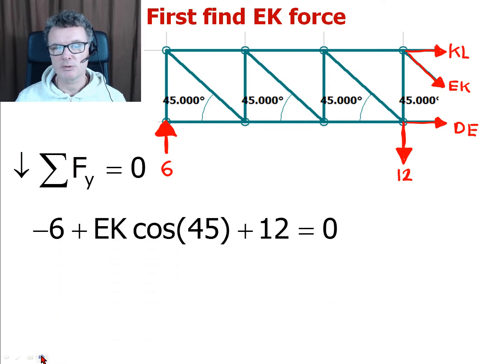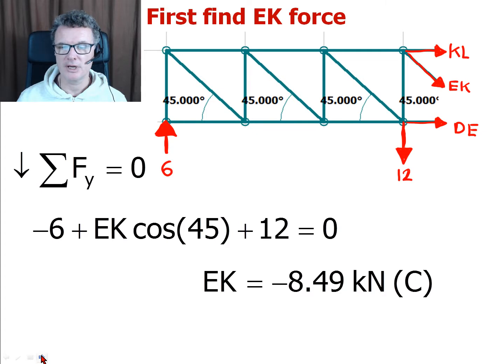Since the 6 is pointing upwards, and I've defined downwards as the positive, that gives us a -6. EK needs to be multiplied by cos 45 because it's swinging through 45 degrees to point downwards, and 12 is all pointing downwards. We rearrange that, and you should find that EK is going to be -8.49 kilonewtons.